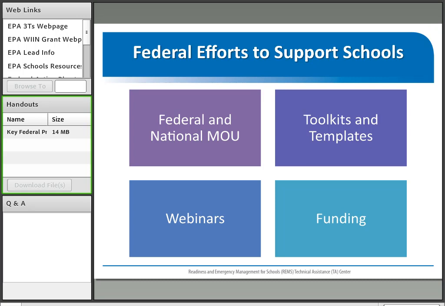So currently, the Environmental Protection Agency and the U.S. Department of Education are working on developing an MOU with multiple federal partners as well as some of the nonprofits. The partners include Health and Human Services, the Consumer Product Safety Commission, Department of Agriculture, Housing and Development, Department of Justice, Department of Labor, and so on.